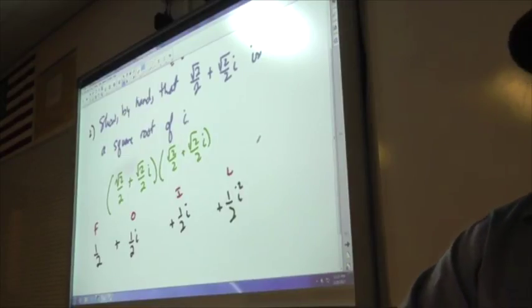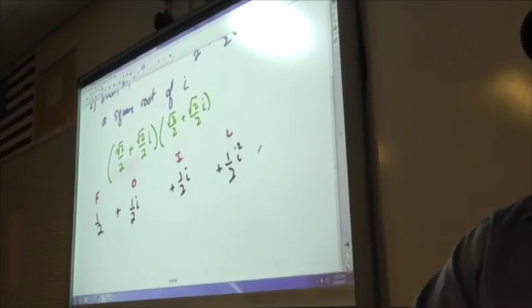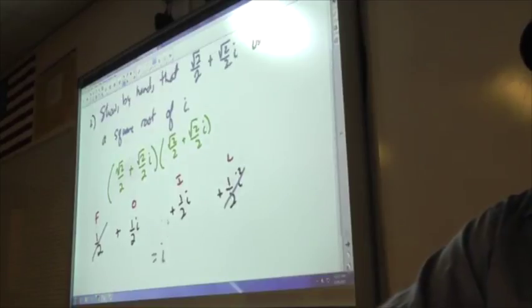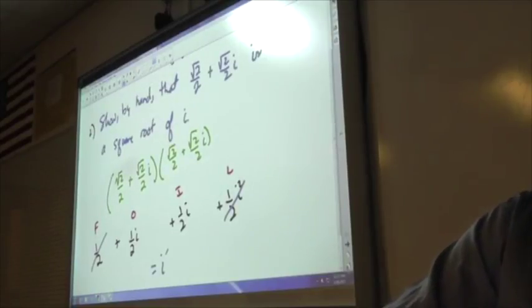Now what is i squared? -1, so that's -1/2, which cancels out the first one, and we have i. So the square root of i, one of the square roots, is this weird number here. Who would have ever thought, right?